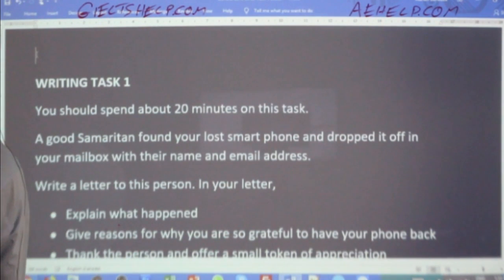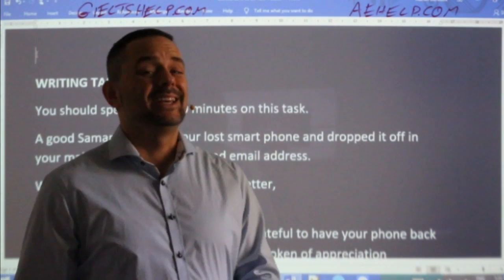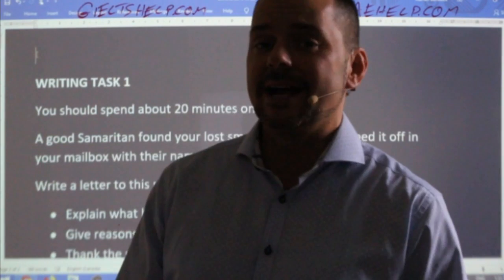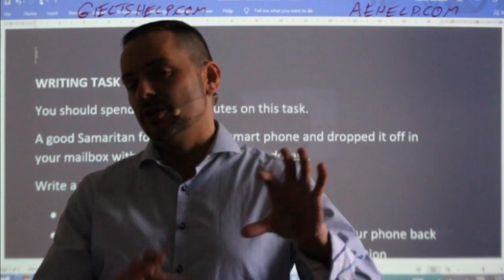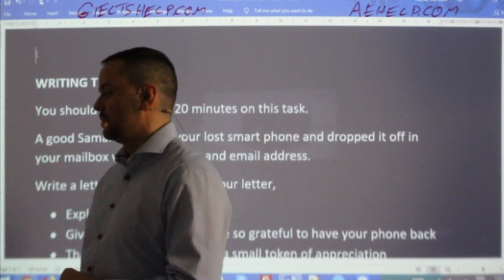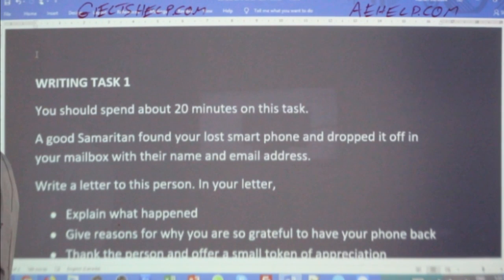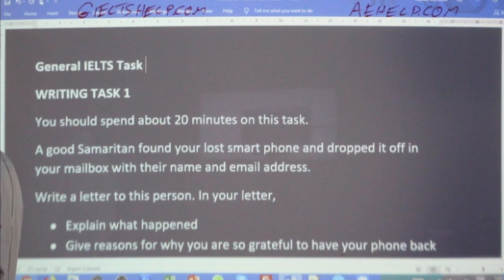So it's unique, okay? Task 1 in the academic IELTS, for those students who are academic, task 1 is expository. Very different writing styles. Don't confuse them. Okay, so general IELTS task 1 is a narrative.